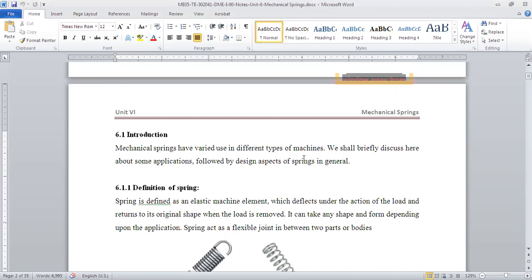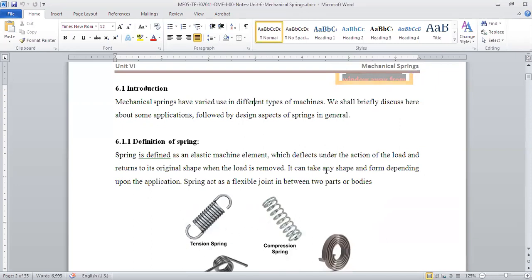Now, a spring is a mechanical element which we use almost everywhere, from watches to hinges. The application of the spring is almost everywhere, and it is not necessarily always a coil type of spring. A spring can be of any type.